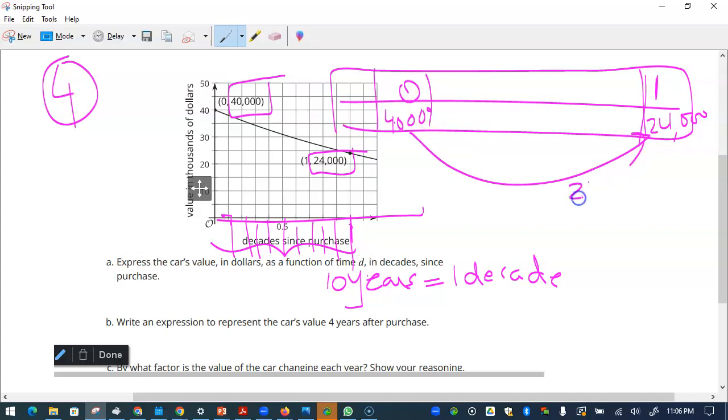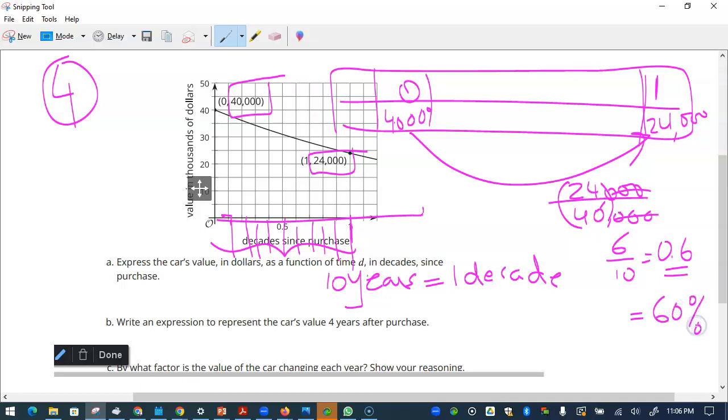We'll have to do 24,000 divided by 40,000. The three zeros will go, and we can reduce this by dividing by 4. 4 times 6 is 24, and 4 times 10 is 40, and you can write it as 0.6. That's 0.6, which is actually 60%, so 60% stays and the 40% vanishes.